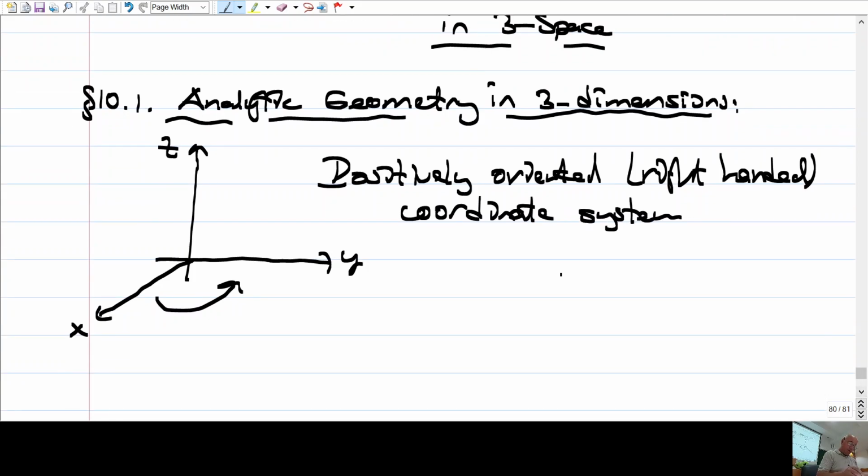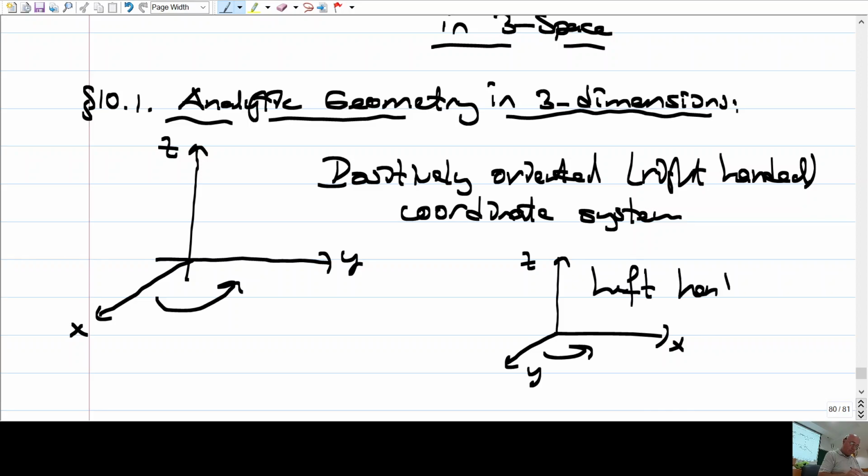Okay, this one, let's say x, y, z, is not a right-handed coordinate system, because this time your fingers go from y to x. So this is a left-handed coordinate system.